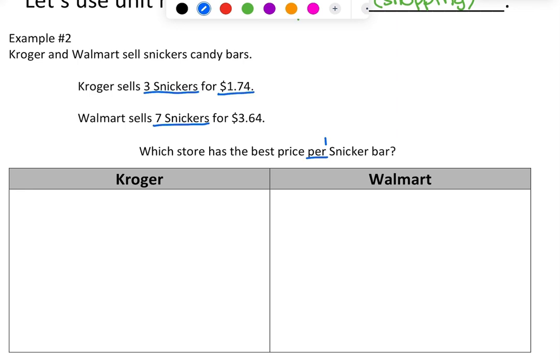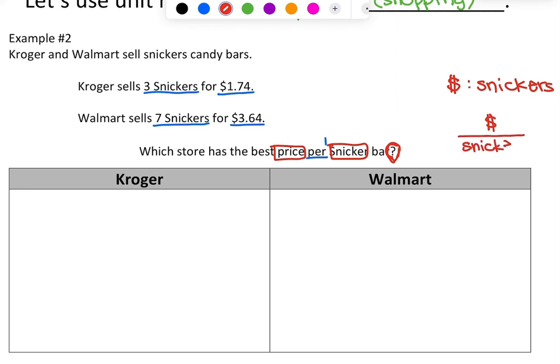So we have different amounts of money, and I am going to go to the question and look for my order so I can set up my fraction. So this one says the price per Snickers. Okay, so I know that I need the price, which is the money, per Snickers. Or if we wrote it like a fraction, that would be money on top and then Snickers on bottom.